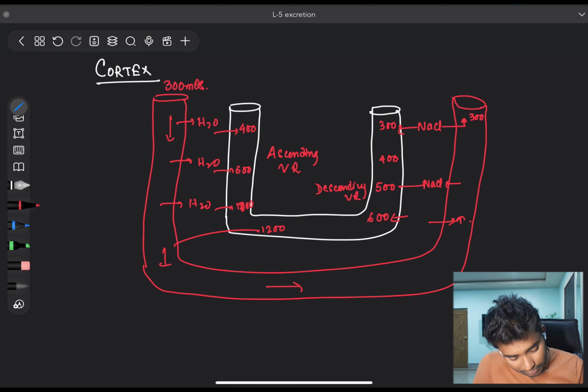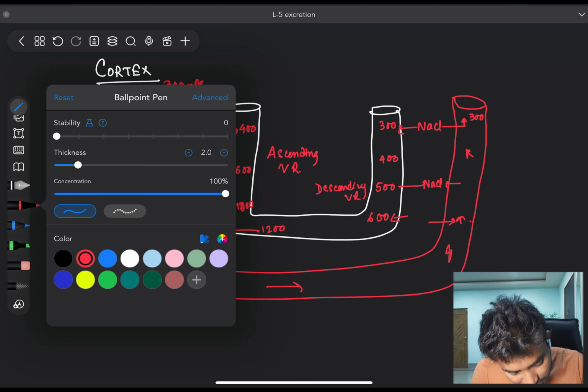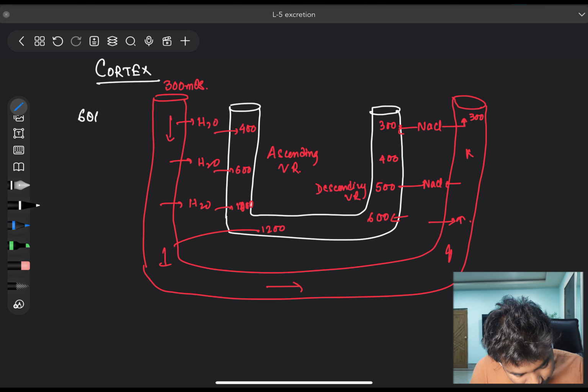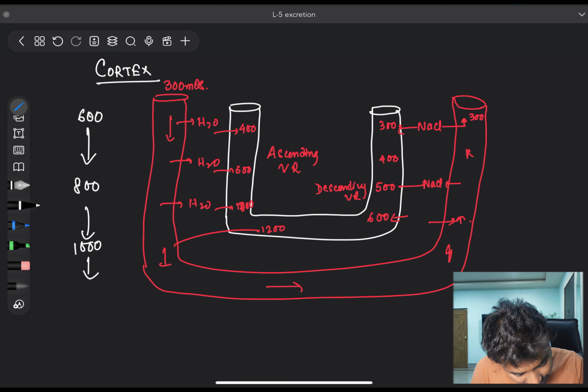Here the molecules go down. Here the concentration slightly goes up from 600 to 800, then to 1000 and then to 1200.